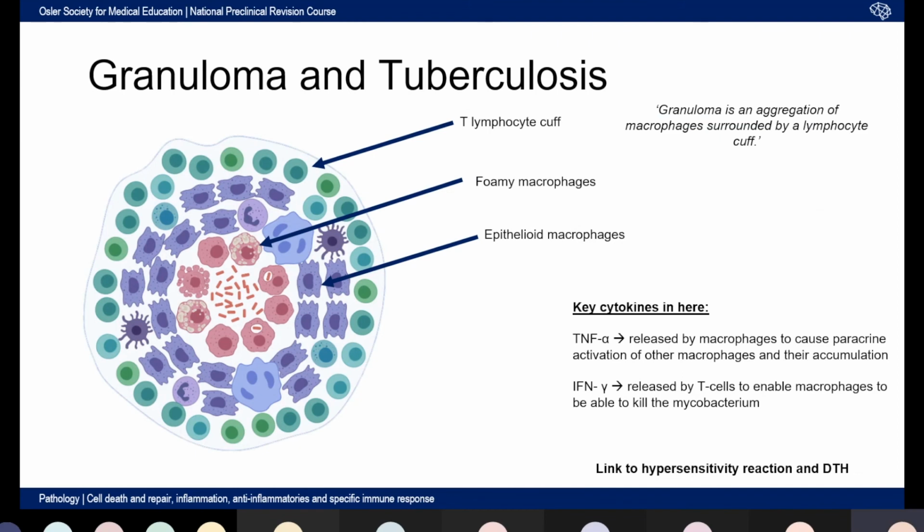Now, the last thing I'm going to talk about is granuloma within inflammation. In simple terms, a granuloma is a structure that is formed within the lungs, or anywhere actually, where if the bacteria or the pathogen can't be destroyed, it's basically encased in a bunch of macrophage rings followed by a T lymphocyte cuff.